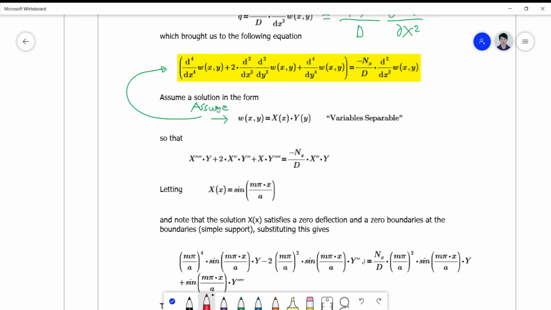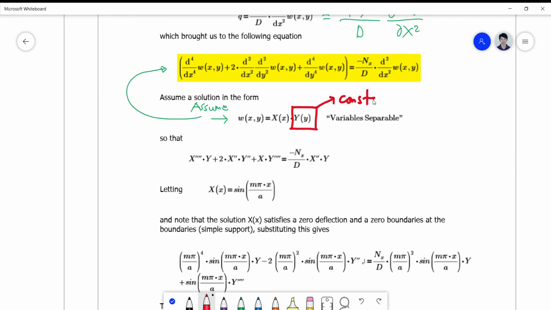So if I take the fourth derivative of this solution, I just take the derivative of x four times, multiplied by y, assuming that y is a constant.